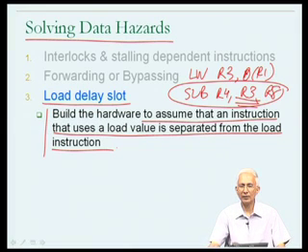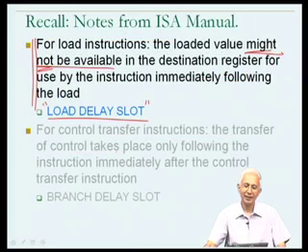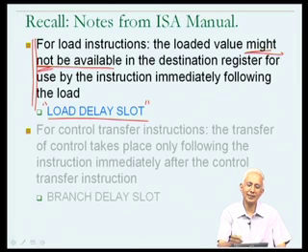And if the hardware makes this assumption, it's the programmer's responsibility to make sure that this assumption holds. And again, if the programmer reads the instruction set manual and understands that there is some doubt about the availability of the operand, he or she will write the program appropriately.